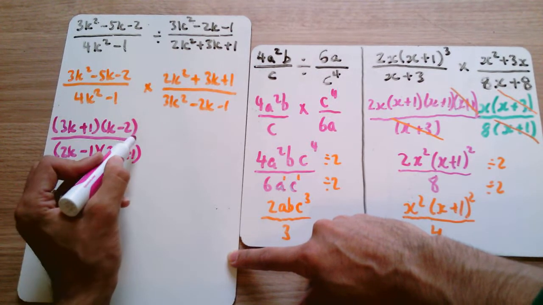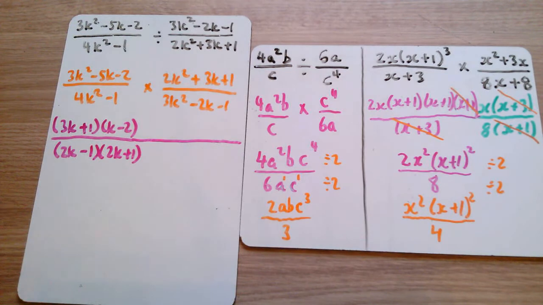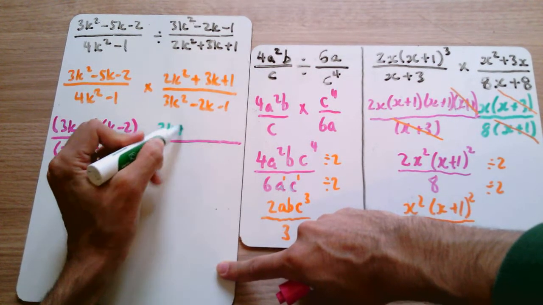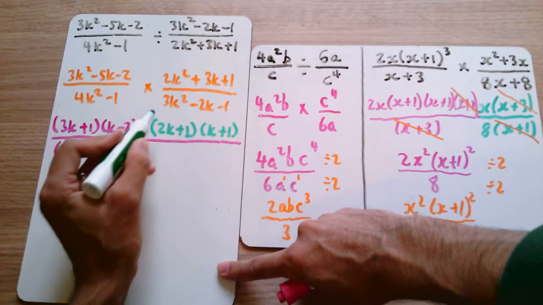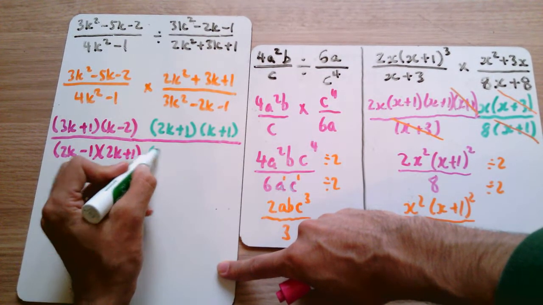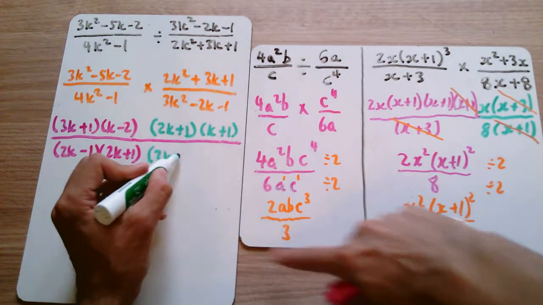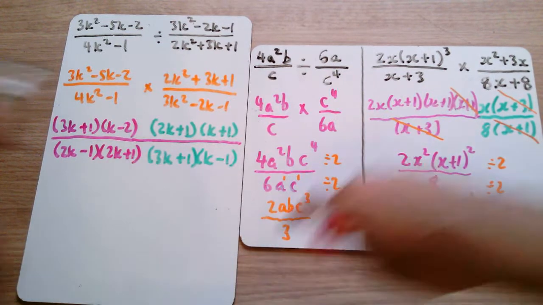And because we're multiplying, I'm just going to extend my fraction line, or vinculum, across. And once we've extended that, we can factorize the right-hand side to give us (2k plus 1)(k plus 1), and on the denominator, we end up with (3k plus 1)(k minus 1).